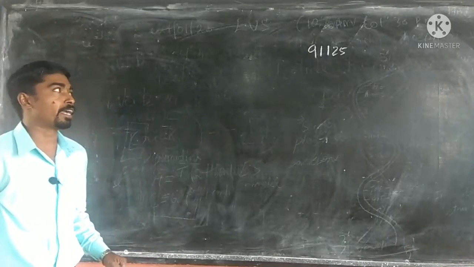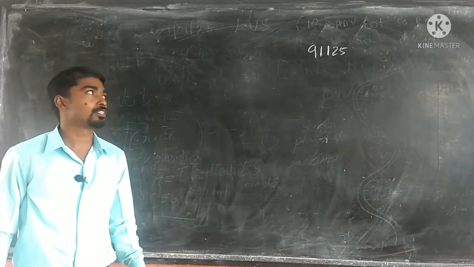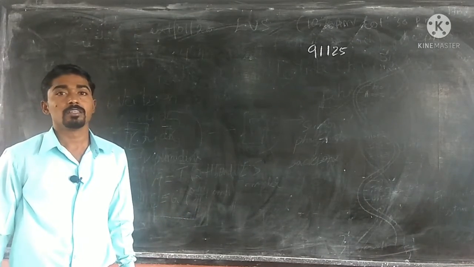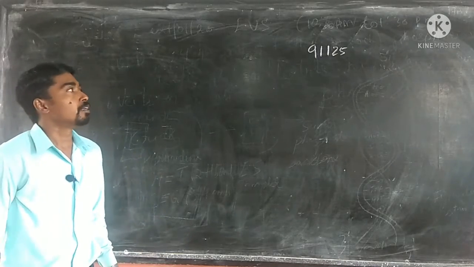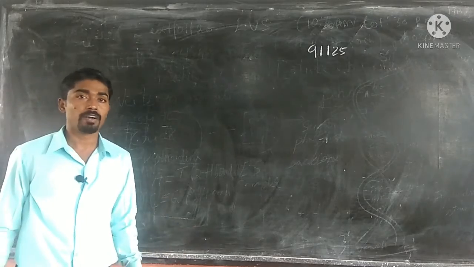Next, to find the cube root of 91,125, we find the factorization of 91,125 first.